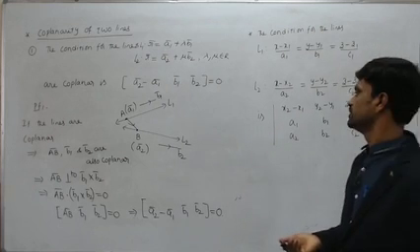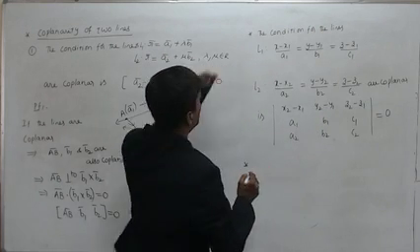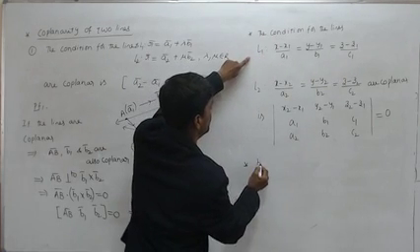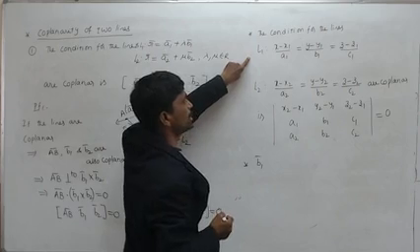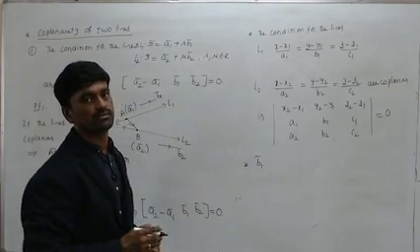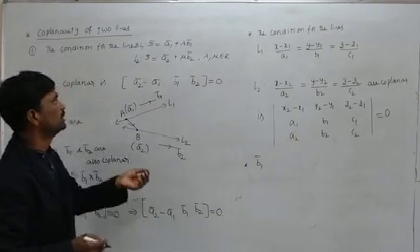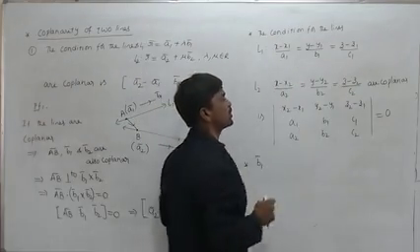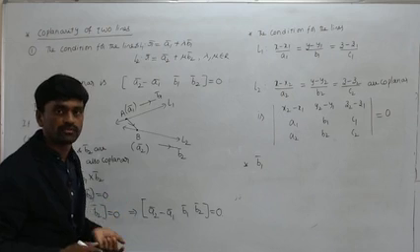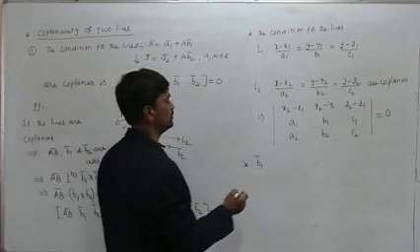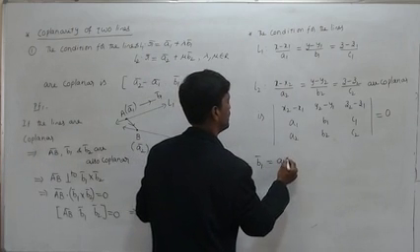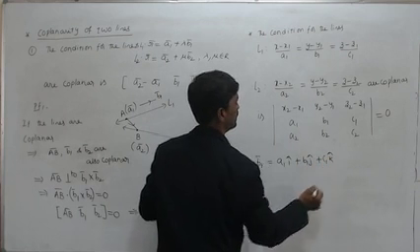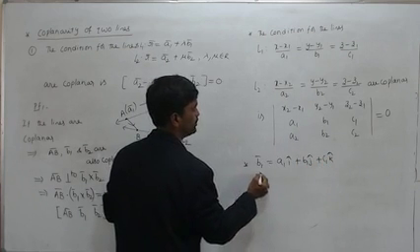So how will we get this? See here, as this line's drs are a1, b1, c1, then a1 i cap plus b1 j cap plus c1 k cap is the vector parallel to the line L1, nothing but b1 bar. That means a1, b1, c1 become components of a vector parallel to L1. So b1 bar we can take as a1 i cap plus b1 j cap plus c1 k cap. Similarly, b2 bar becomes what?